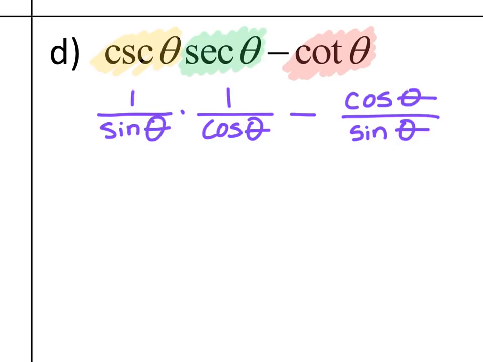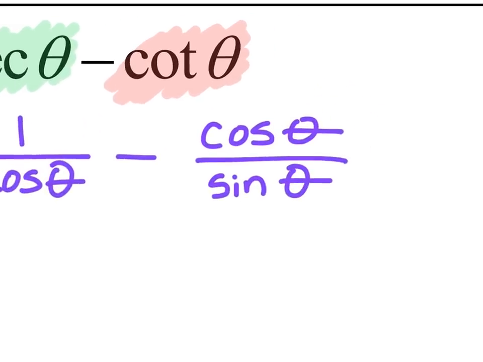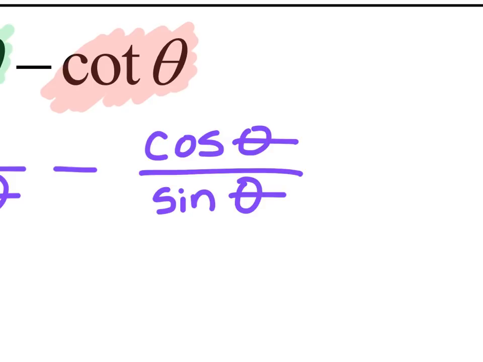Now, in order to have common denominators, I'm going to need for the second fraction, the cosine over sine, to have a cosine in the denominator as well. So I'm going to already multiply the numerator and the denominator by cosine of theta.